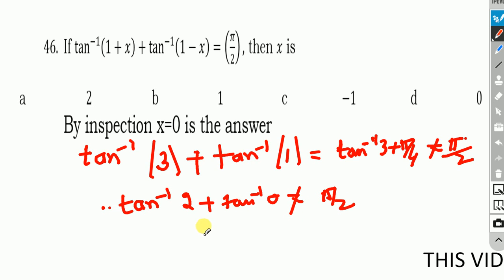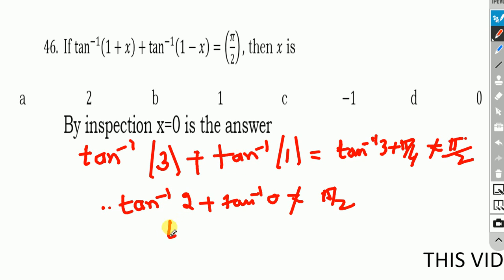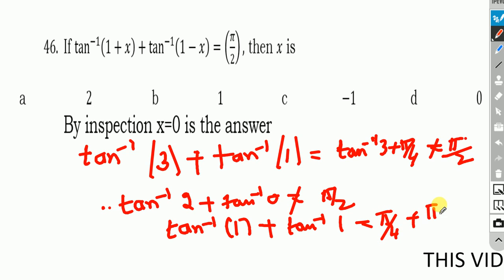But when you give x equal to 0, I will get tan inverse of 1 plus 0, that is 1, plus tan inverse of 1 minus 0, that is 1. So it is pi by 4 plus pi by 4, which is equal to pi by 2.